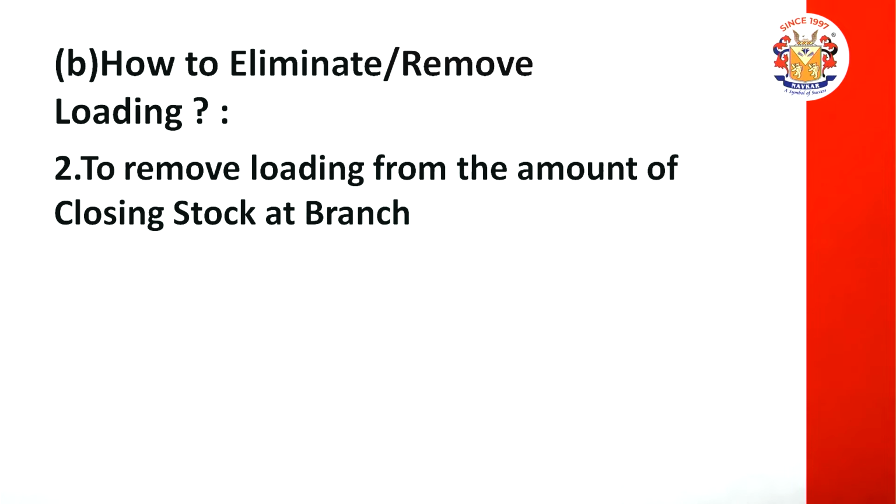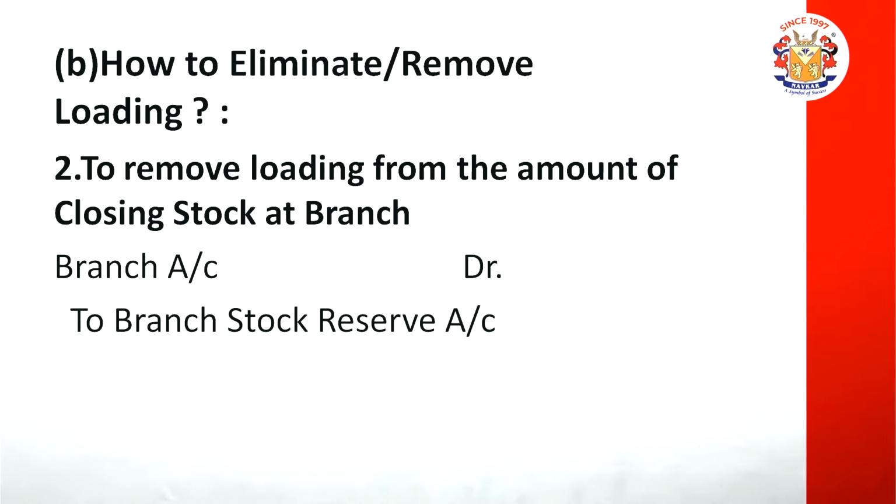To remove loading from amount of closing stock at branch, account debit to branch stock reserve account. Ultimately, stock reserve account will be raised for the purpose of eliminating the effect of unrealized profit in branch stock.